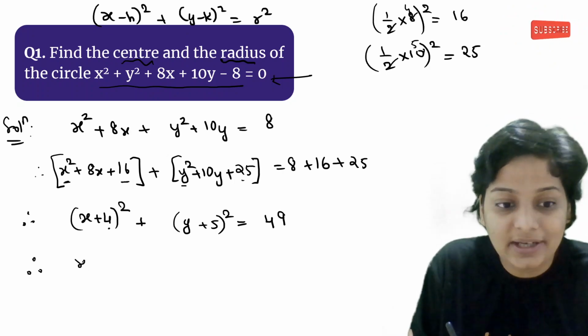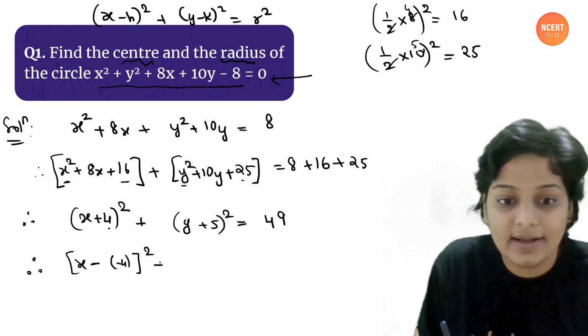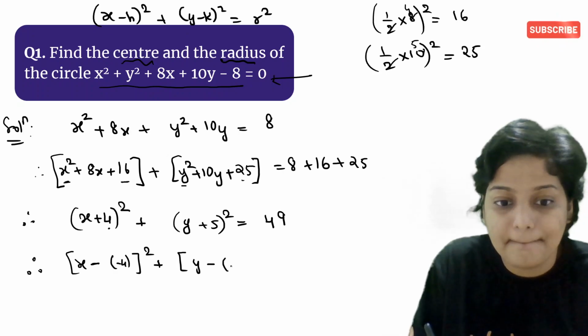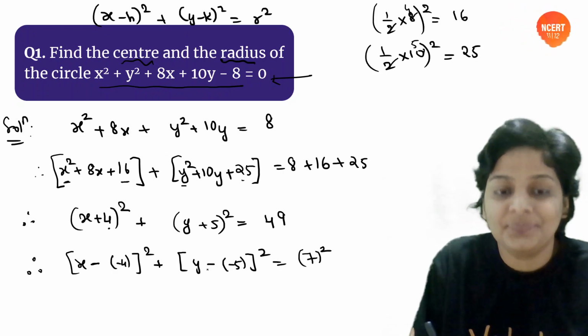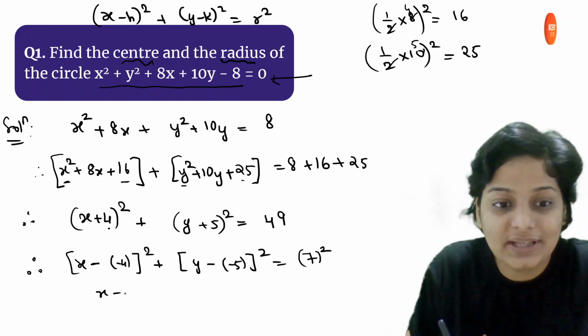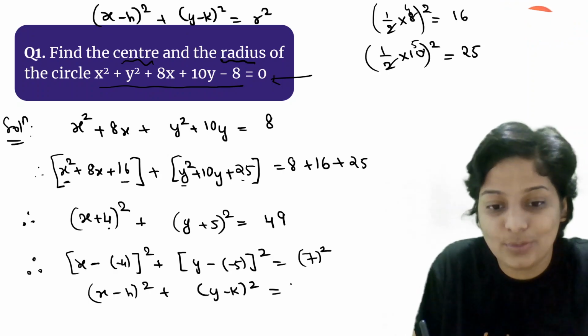To write it in a better way, I will write it as (x minus of minus 4) the whole square plus (y minus of minus 5) the whole square is equal to 7 squared. Now you compare this equation with (x minus h) the whole square plus (y minus k) the whole square equal to r squared.